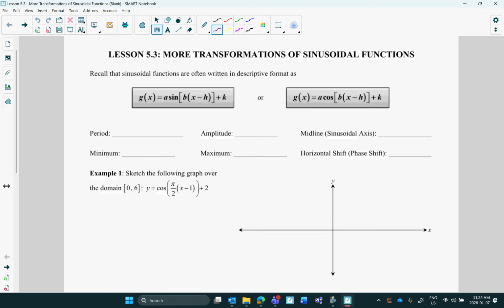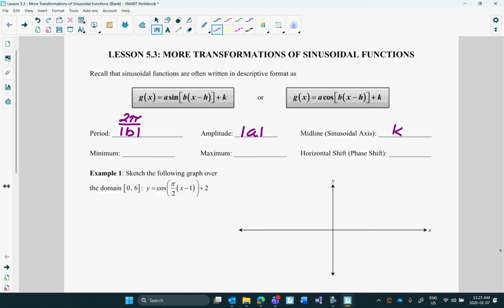No, it's not a. B. Pi over b. Yeah, that's right. The amplitude, that's a absolute value. The midline, k.